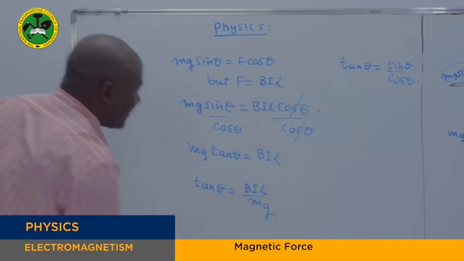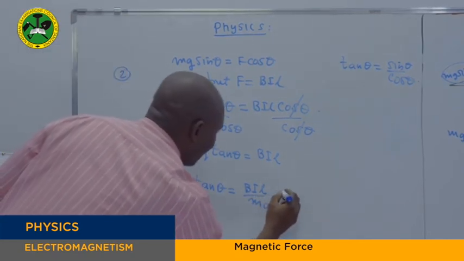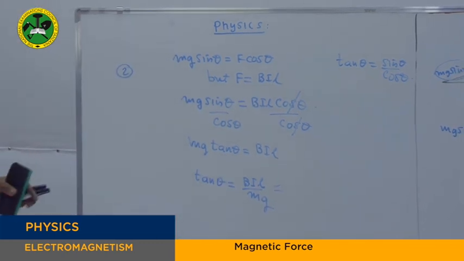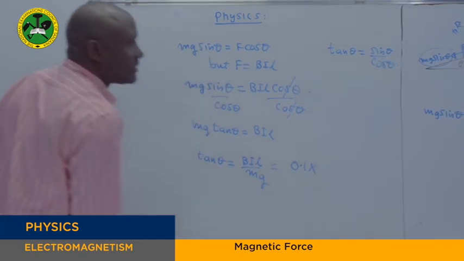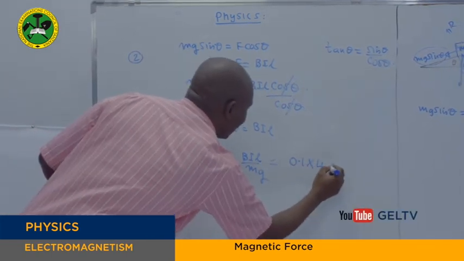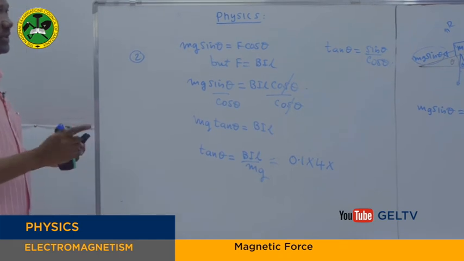So you know the value of the magnetic flux density is given as 0.1, and the current was given as 4 ampere.